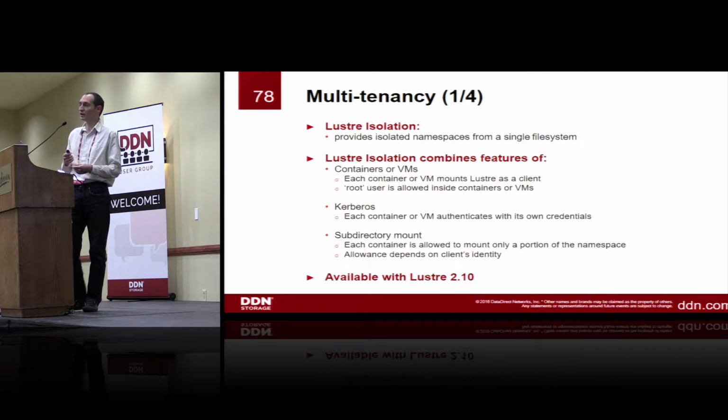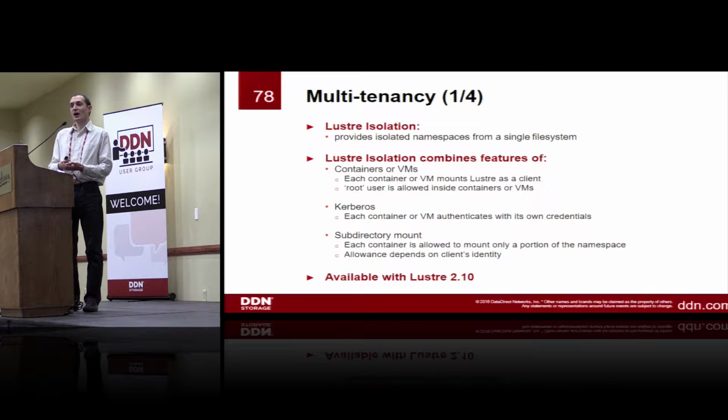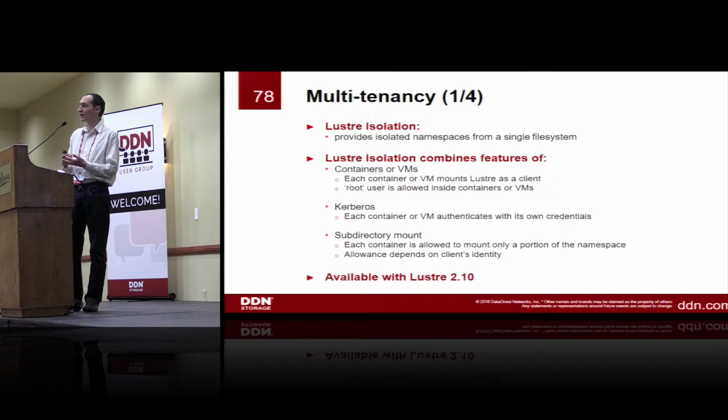Okay, now let's move to multi-tenancy. To achieve multi-tenancy, we designed what we call Lustre isolation. It's the ability to provide isolated namespaces from a single Lustre file system. To achieve this, we combine different features. The first one is containers or VMs, which means that we want to mount Lustre clients from containers or VMs.